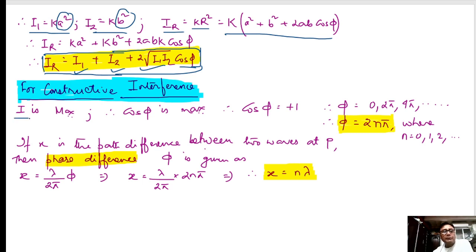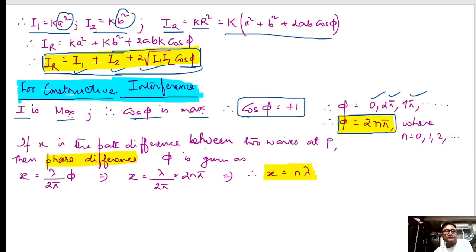For constructive interference, the intensity should be maximum, that means cos phi should be maximum, and cos phi is maximum when it is plus 1. That means phi should be 0, 2 pi, 4 pi, that means 2n pi. Please note here, when the phase difference between the two waves is 2n pi, where n is 0, 1, 2, 3 like this, then only the intensity will become maximum. The intensity of the resultant wave will be maximum when the phase difference is 2n pi.